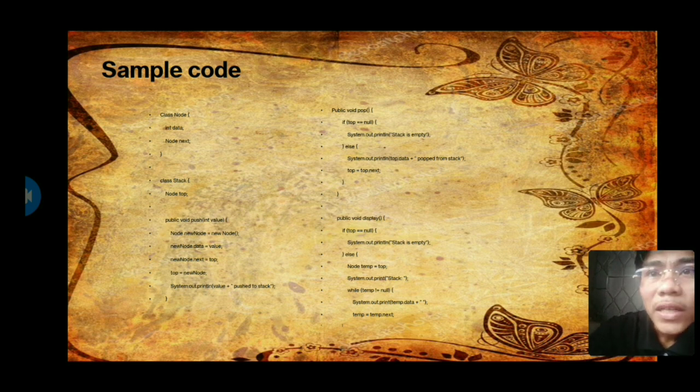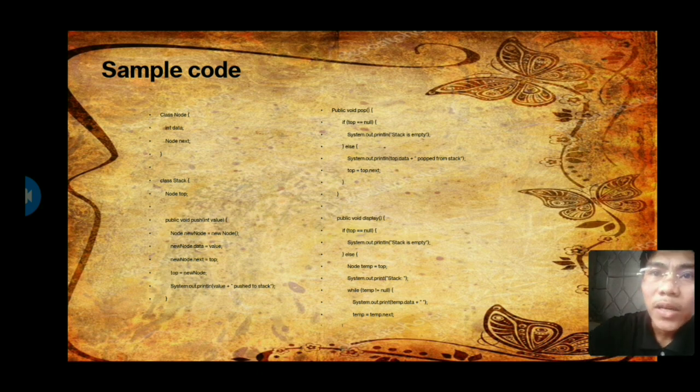Then in the pop part, public void pop, this method removes the top element. If top equals null, the stack is empty. Else, print the value of the top and move top to the next node.